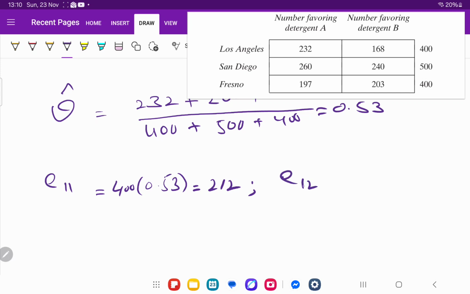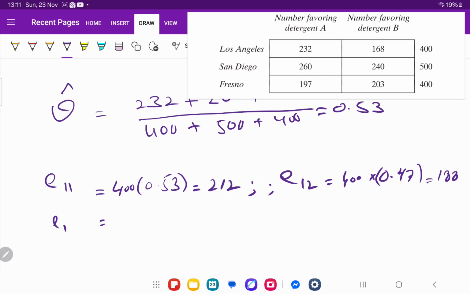So E12 is equal to 400 multiplied by 0.47. Why? Because the proportion is relating with the opposite of detergent A, which is 47%. So what is the answer here? 400 multiplied by 0.47, 188.